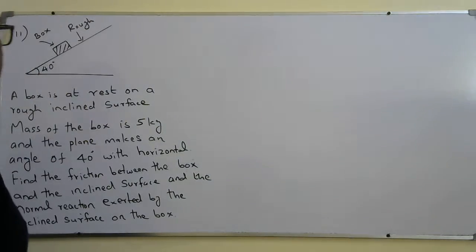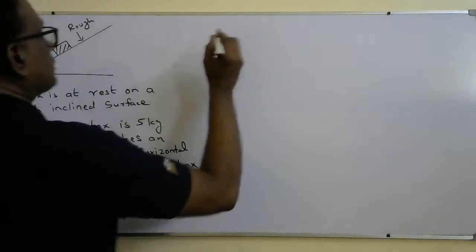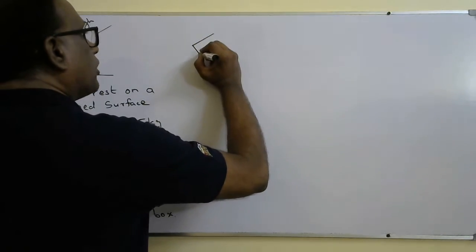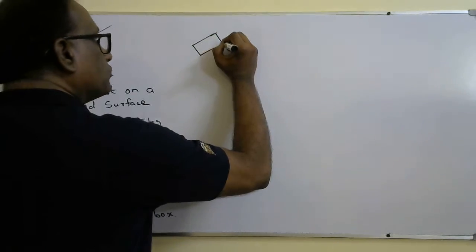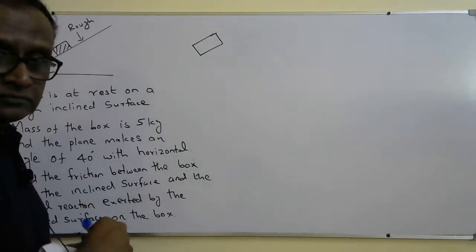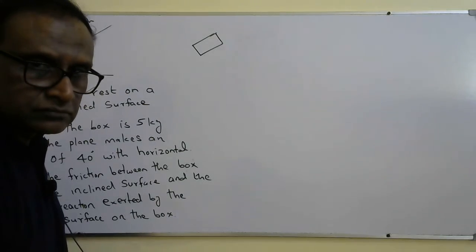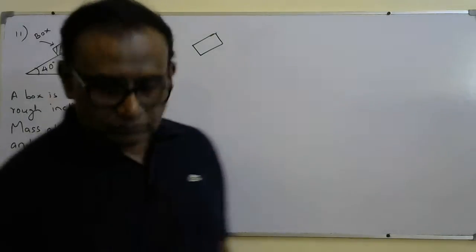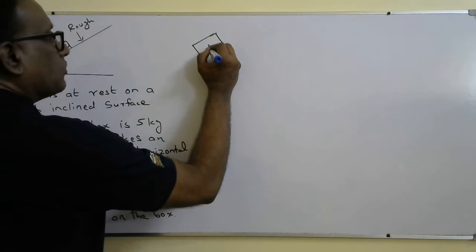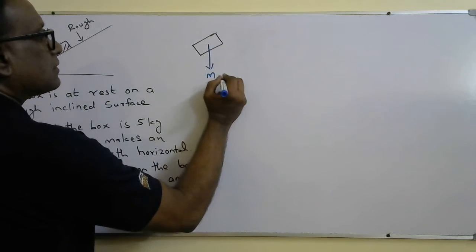Okay, so first we'll think about the forces acting on the box. I'll draw the free body force diagram for the box. The box has weight downwards, so the weight will act vertically downwards, mg.